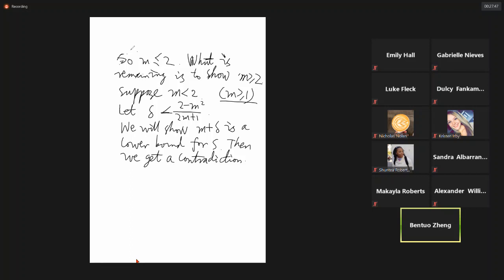So actually, what we need to show is m plus delta squared is less than 2. So this is equal to m squared plus delta times 2m plus delta.